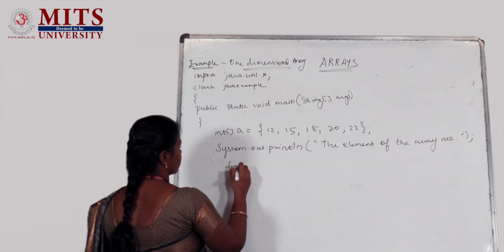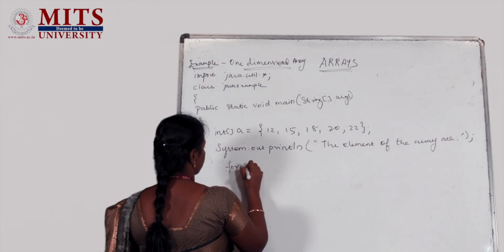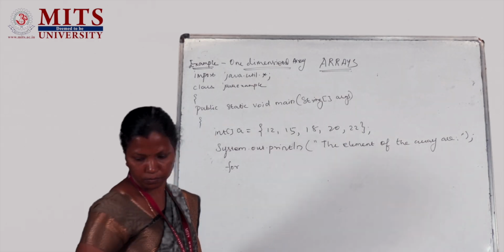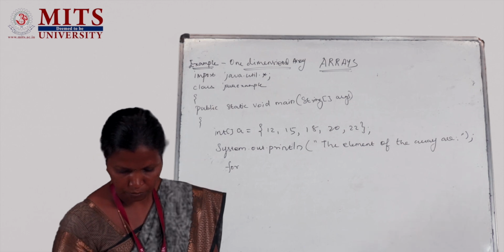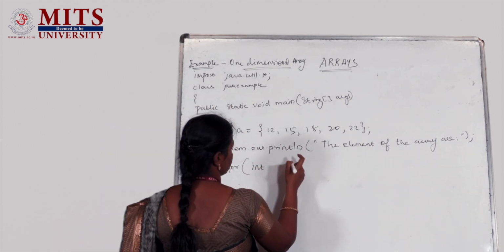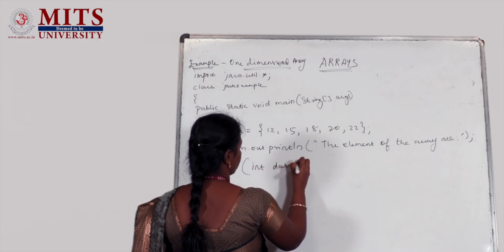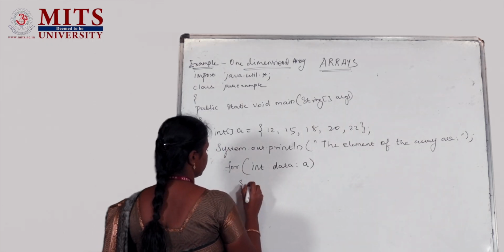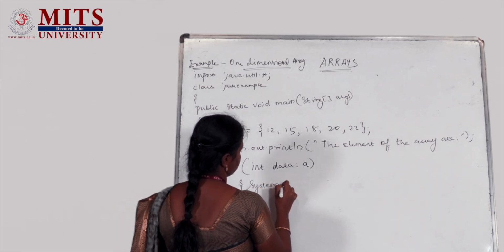So we are going to make use of the for each loop. Already we have an array A. So we will write int data colon A, inside which we are going to print, system.out.println data.